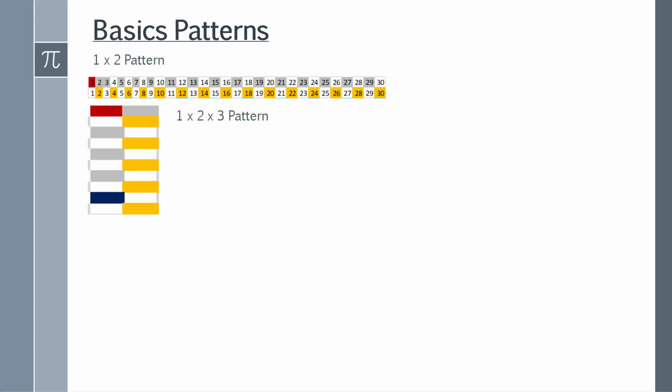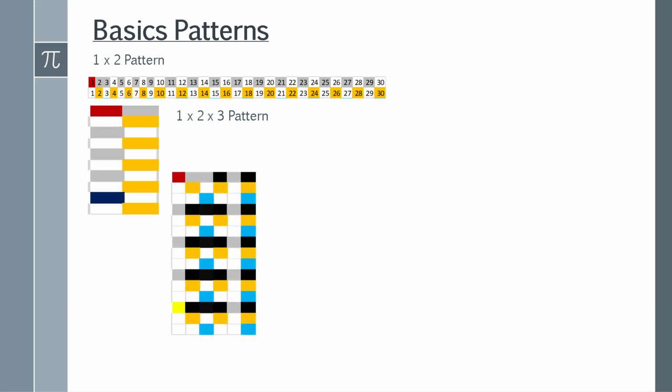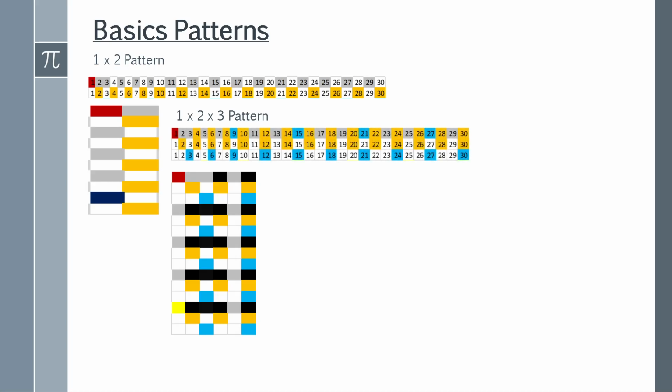Our next pattern is 1 times 2 times 3. This is the most important pattern. As you can see visually, you're only going to have primes showing up in the 1 and 5 columns. If I cycle this every 6 and start the pattern over, you see there's nothing changing about the pattern until I get to 5 times 5 and I start losing primes.